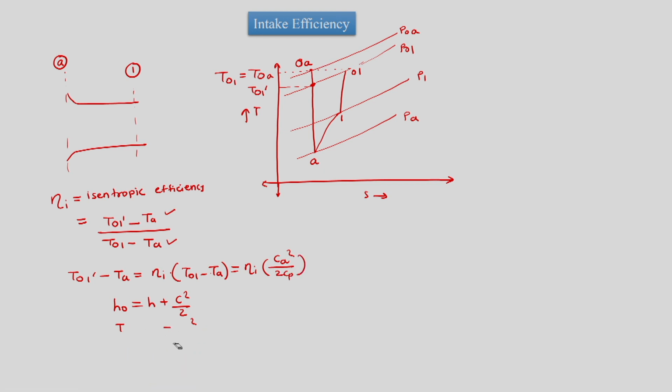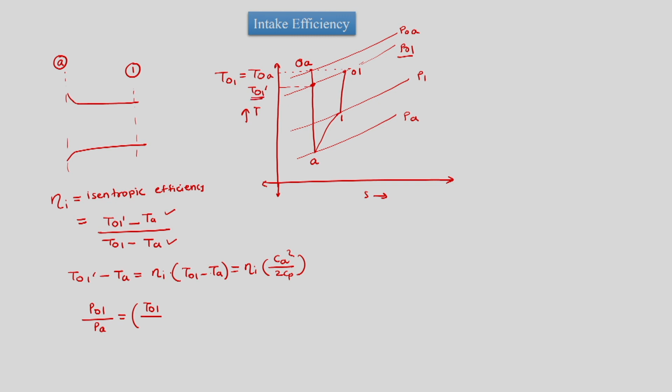So having said this, we can further use this for finding out the rest of the relations, where we can write P naught 1 upon PA is equal to T naught 1 dash upon Ta, bracket raised to gamma upon gamma minus 1.